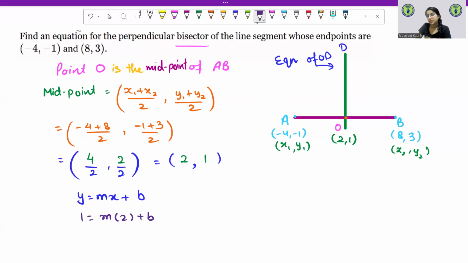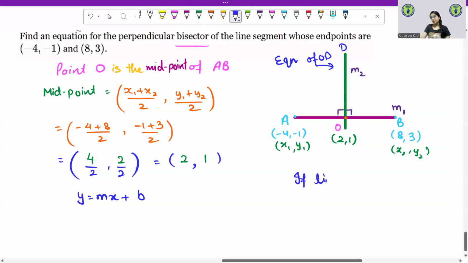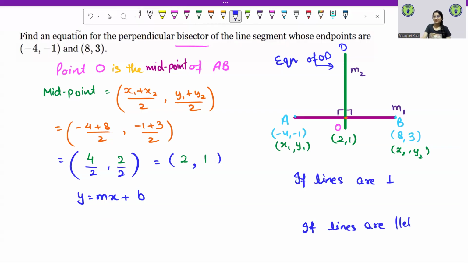Let's consider that the slope of AB is m1 and the slope of the green line is m2. What is the relationship that the slopes are going to have when the lines are perpendicular to each other? If lines are parallel, their slopes are equal.